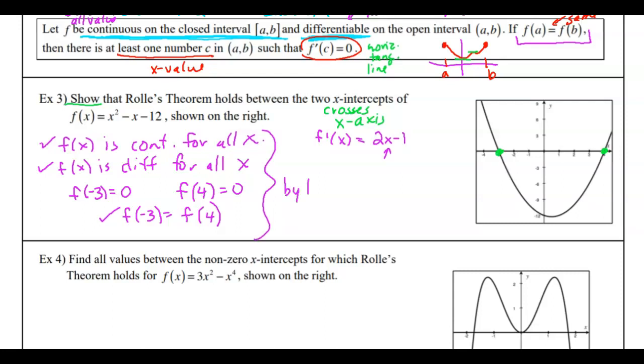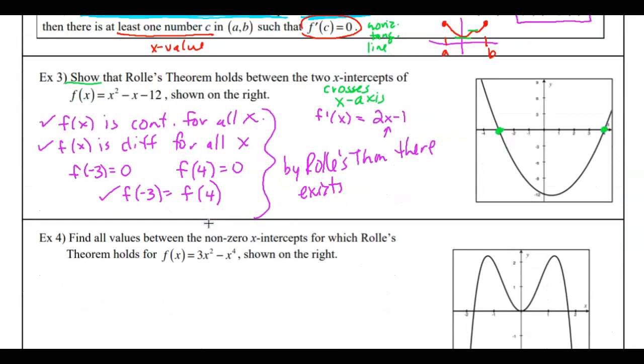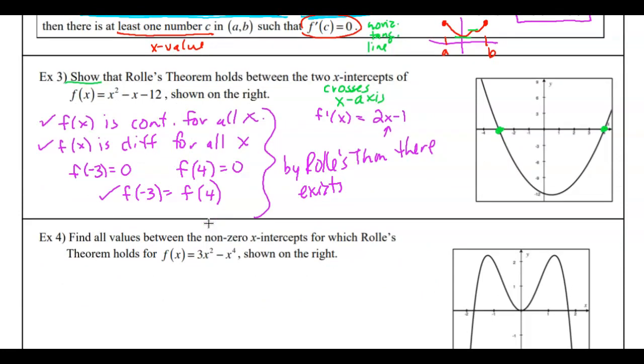So by Rolle's theorem, there exists at least one x value such that f prime of c equals 0.